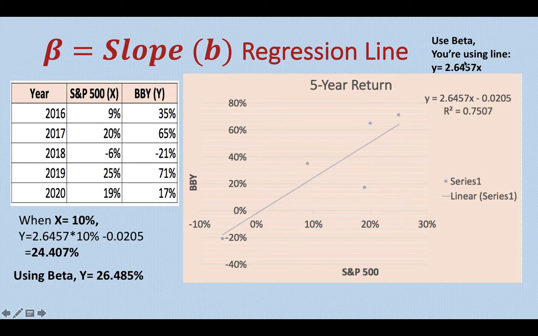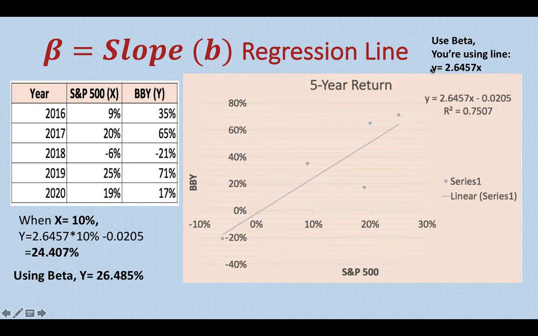What I have here will tell you that when you just simply use beta to predict the Best Buy return, you really use the line y equals 2.657 times x. There's no y intercept.